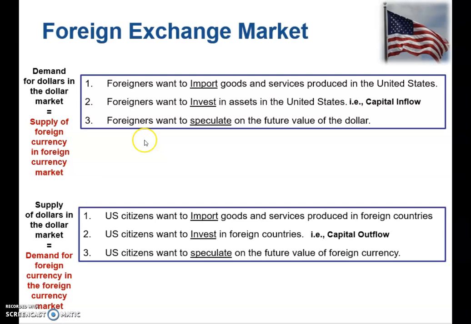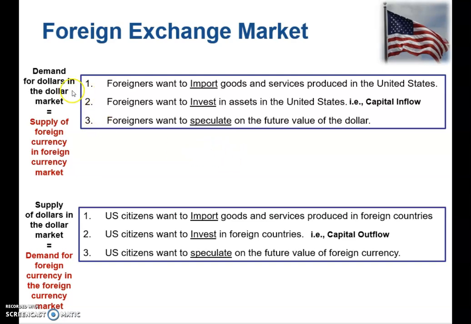A third rationale is foreigners want to speculate on the future of the dollar, future value. Foreign exchange markets fluctuate quite a bit, and because they're international, they're the largest markets in the world. So there's a lot of speculation on future values. And imagine that someone in Mexico believes that the value of the dollar is going to go up in the future, appreciate, meaning they believe the peso is going to go down in value.